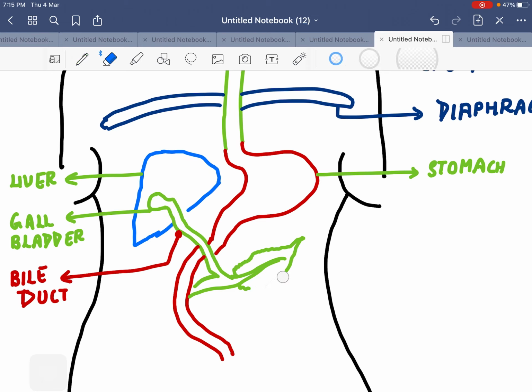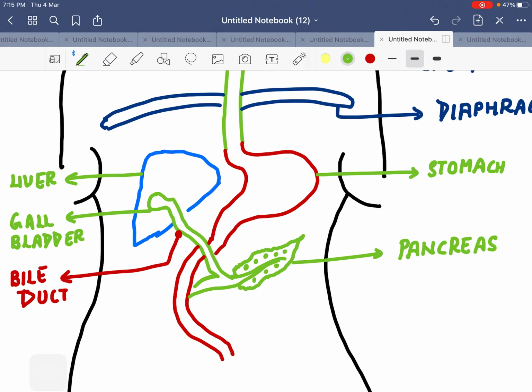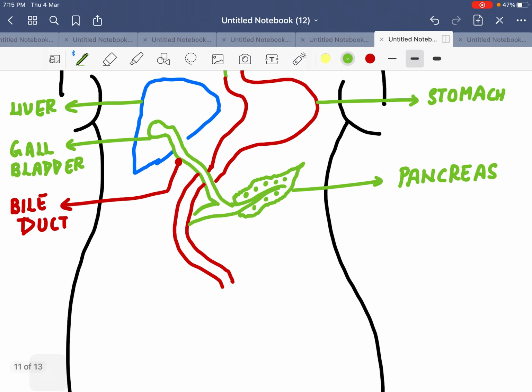We are going to make it a little thin for you. Okay, let's make it a little thin, right? Okay, like this. This is perfect. So here, this one is your pancreas. So we are going to label it pancreas.